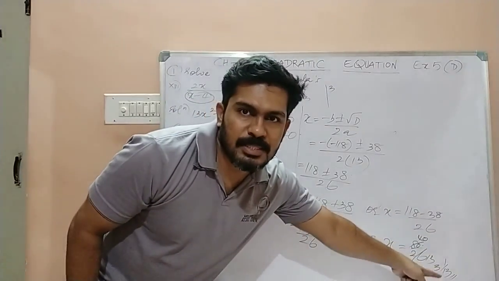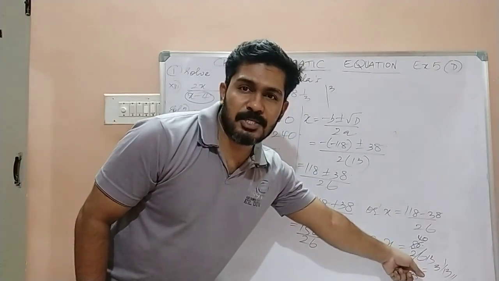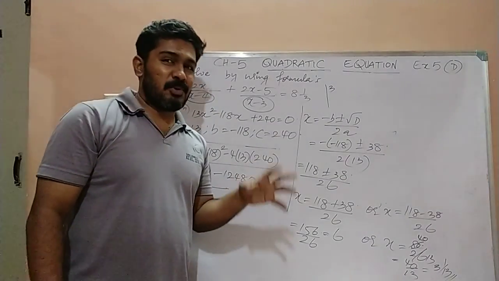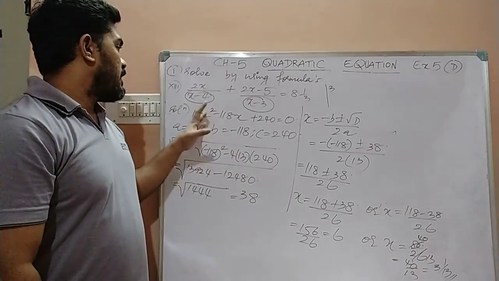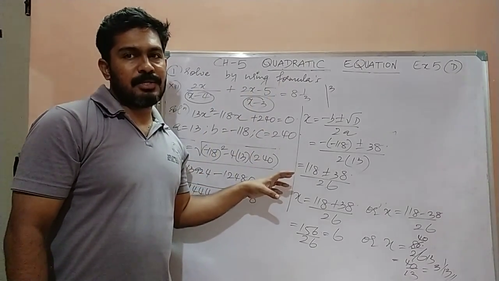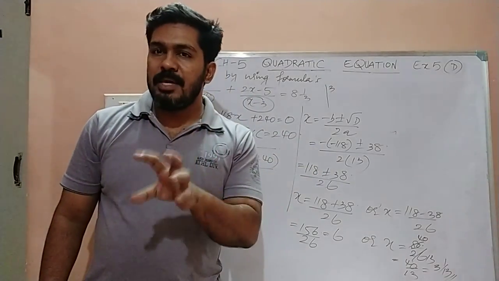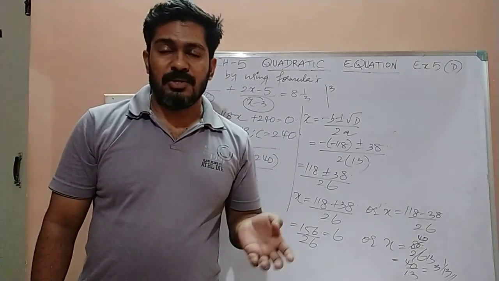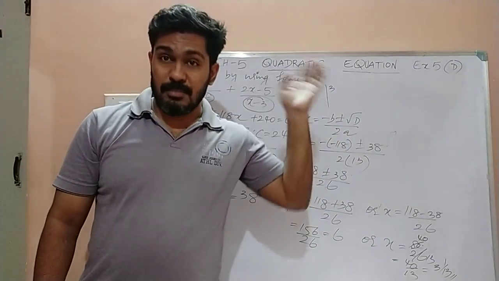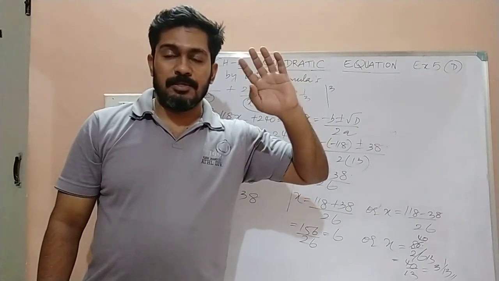I just hope you can see this portion, children. Otherwise, it is just simplification. Just write in your rough notebook. But I think I have taught you this sum properly right from the beginning, how to simplify this given equation into a quadratic equation. And see, children, here the values of a, b and c are very huge, isn't it? So when you are finding the value of square root of d, that is b square minus 4ac, you will get very big numbers.